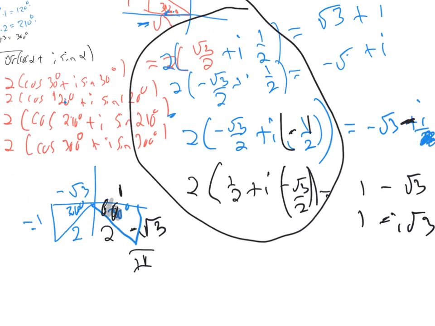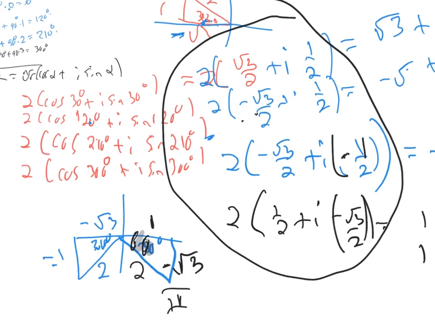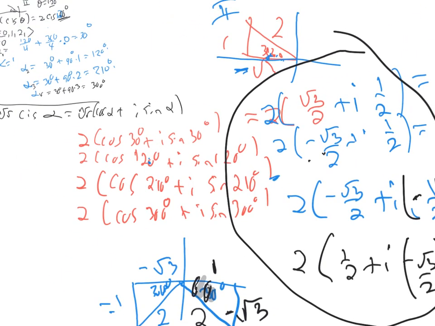Let's see. One of these is wrong. Square root of 3 plus I. Oh, maybe it was the second one. Let me look at the second one. 120 was here. 120 minus 30 is 150. 1, 2 square root of 3, cosine.